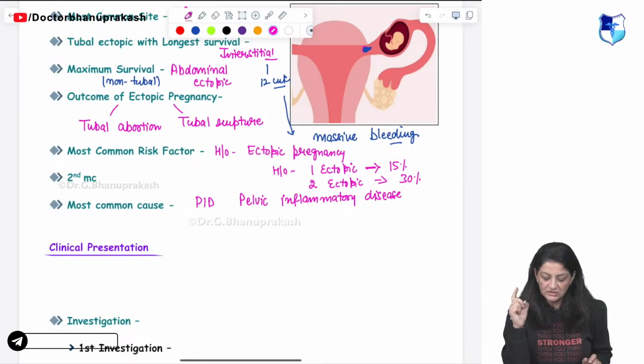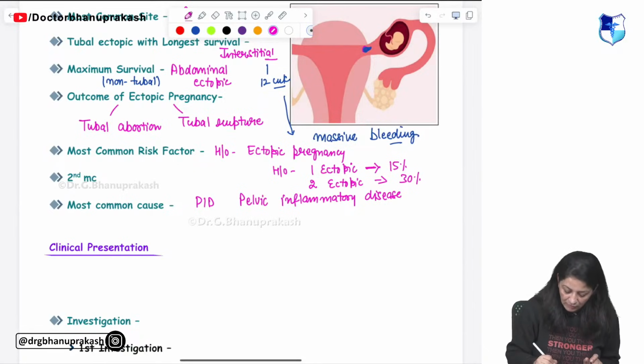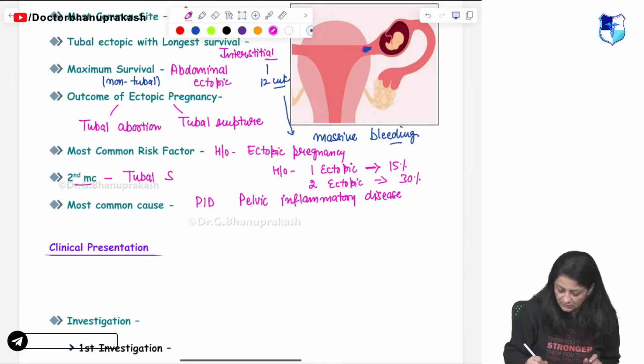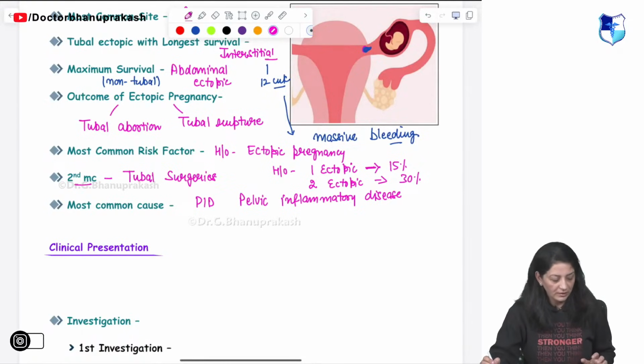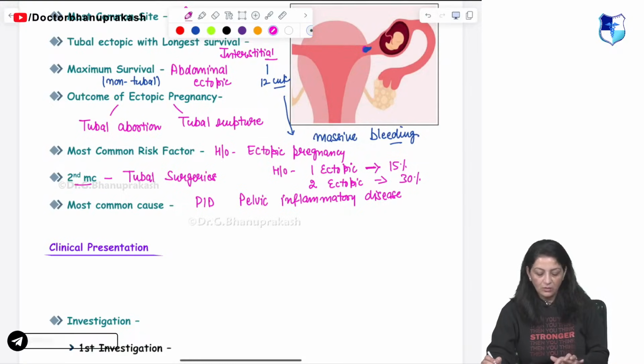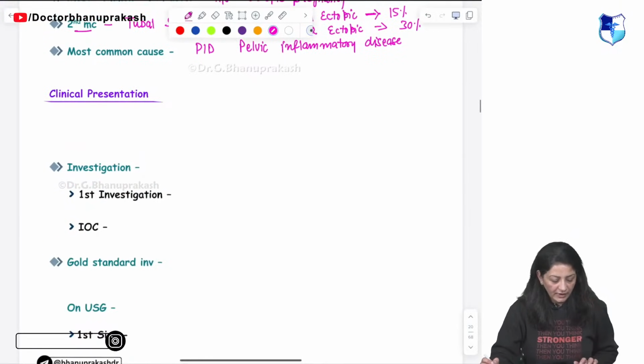The most common risk factor is history of ectopic pregnancy, and the second most common risk factor is tubal surgeries, because of the formation of adhesions.